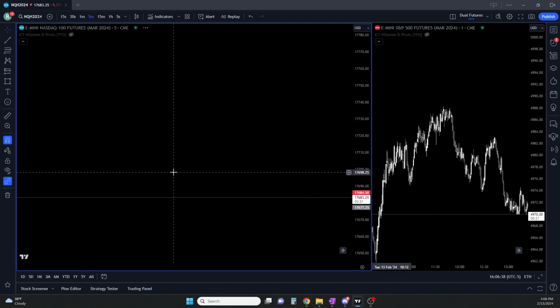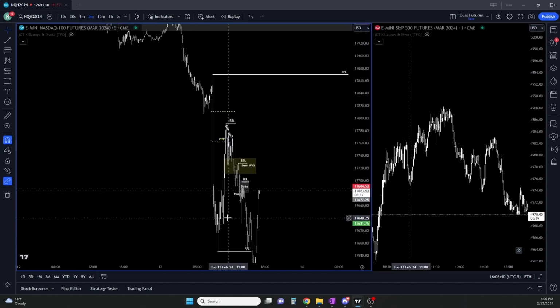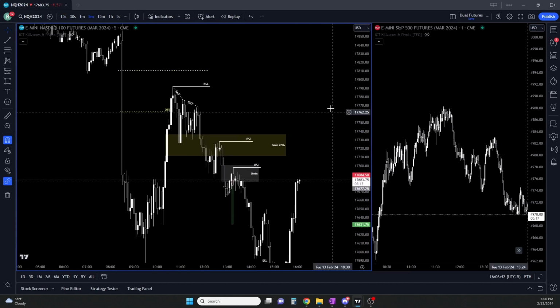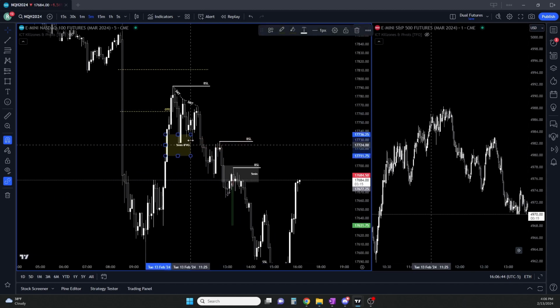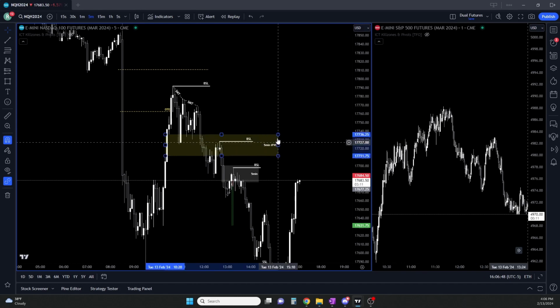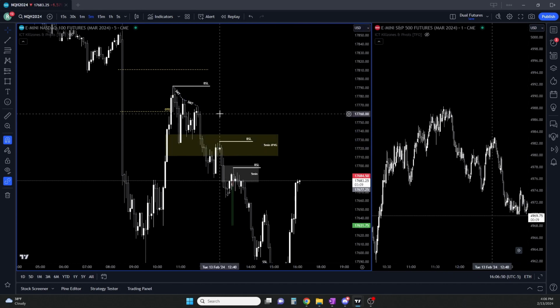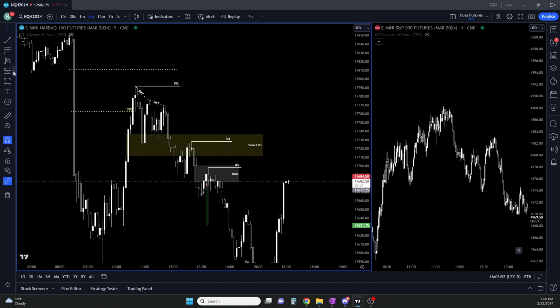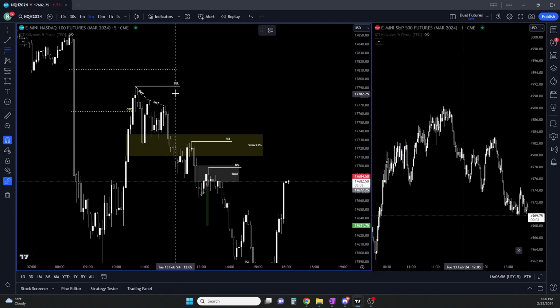And then zooming out a bit more, once we ripped through this 5-minute fair value gap here, and we had those SMTs which held, I was pretty confident we weren't going to come take these highs.